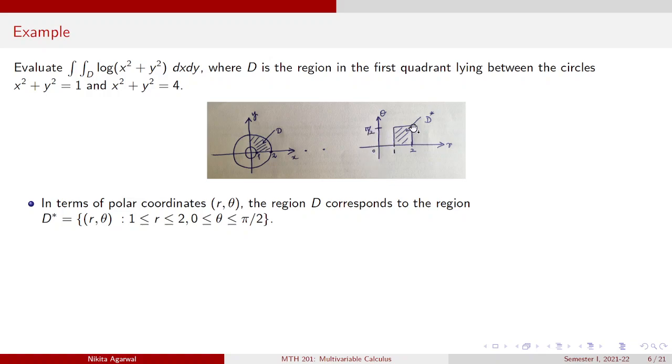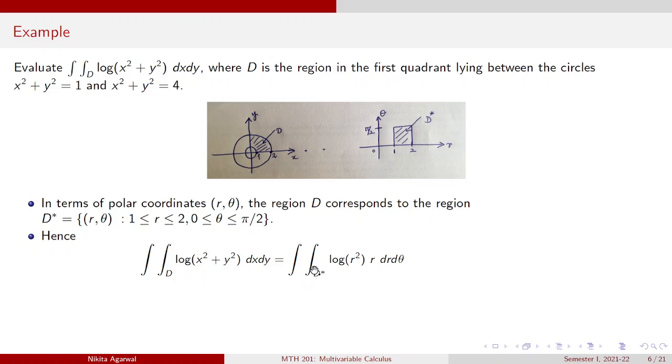So this is the rectangle that comes out when you change your coordinates to polar coordinates. So therefore the integral becomes, so x is replaced by r cos theta, y is replaced by r sin theta. So x square plus y square is r square.